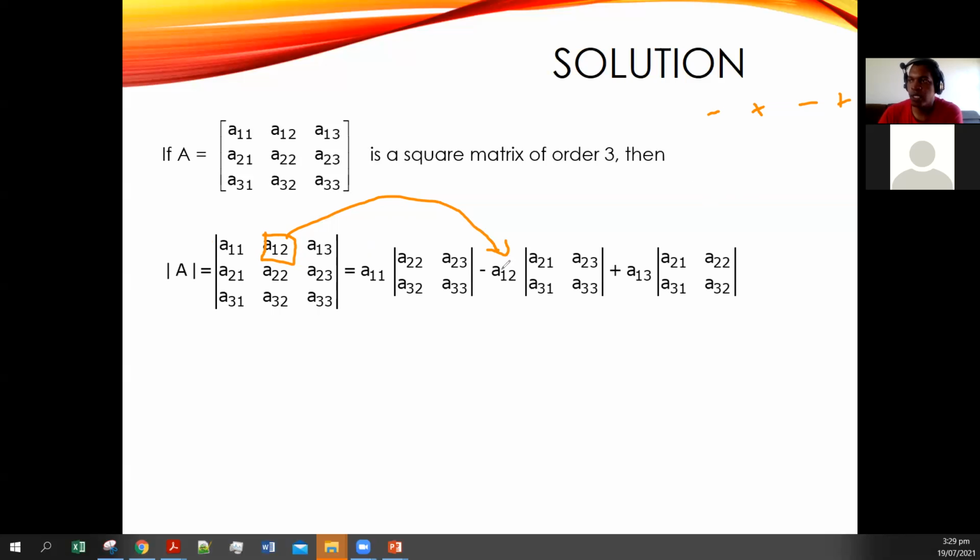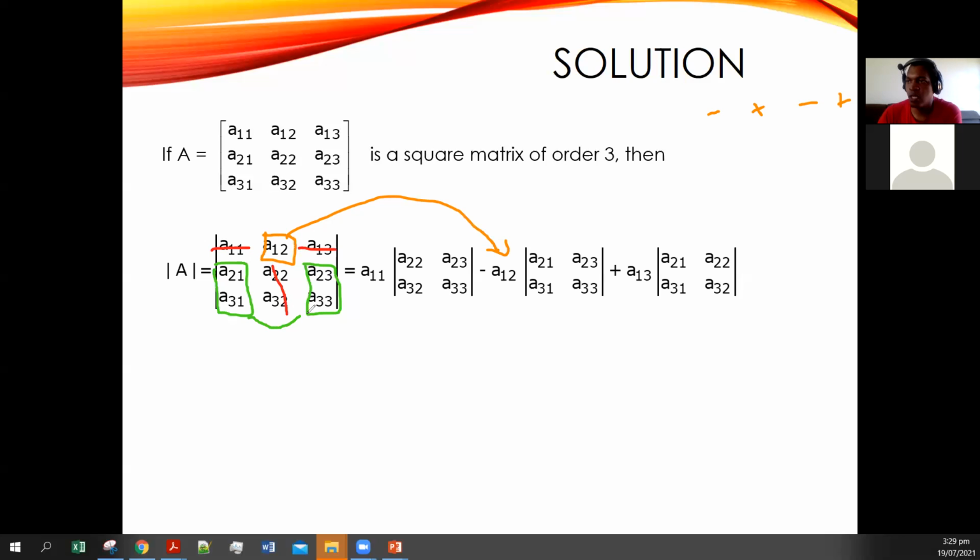So again, we do that. We take that one out, and after we take that one out, we cancel the row. Okay, so the row, those are the elements in the row, and we cancel the column, right? And then we take what elements are left. So this is left, and this is also left.